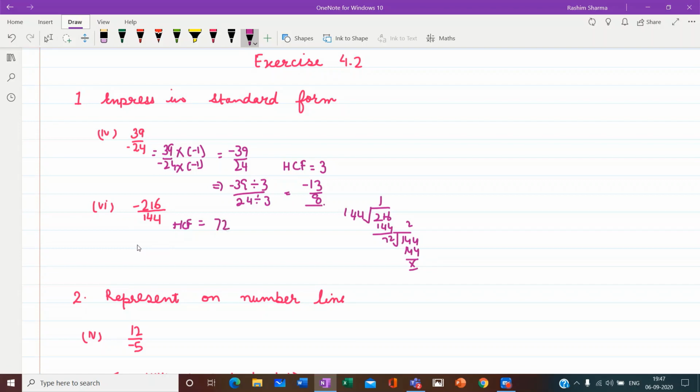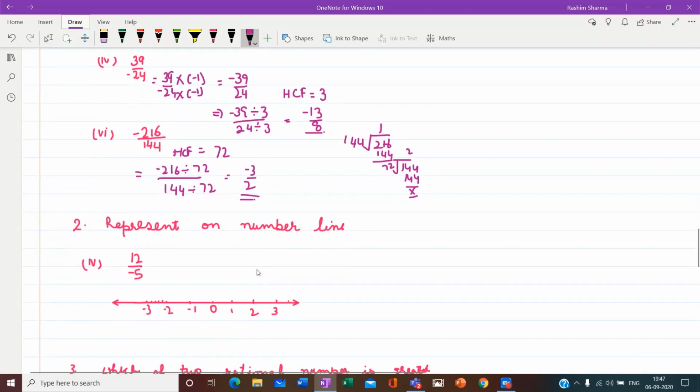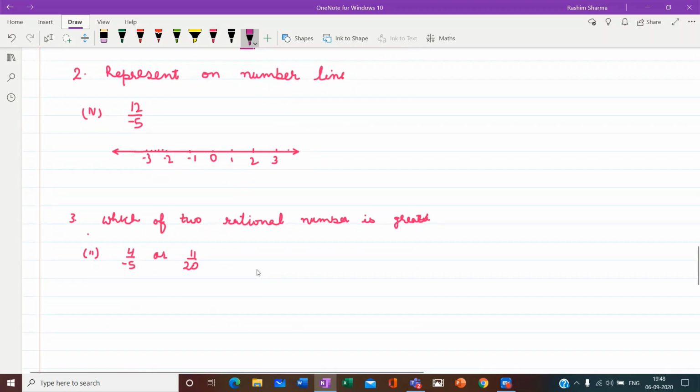Alright. Now we will divide both the numbers by 72. So we get here minus 3 on 2 is the standard form. Alright. Next question is represent the number on number line.